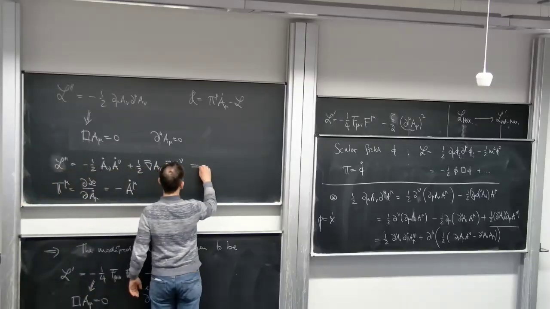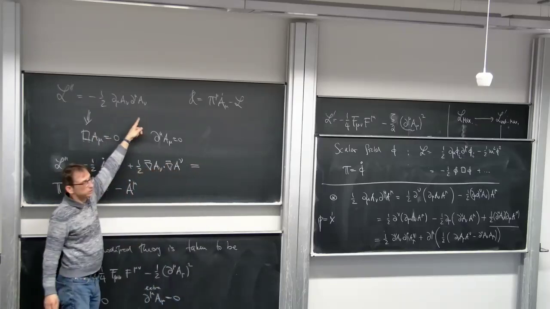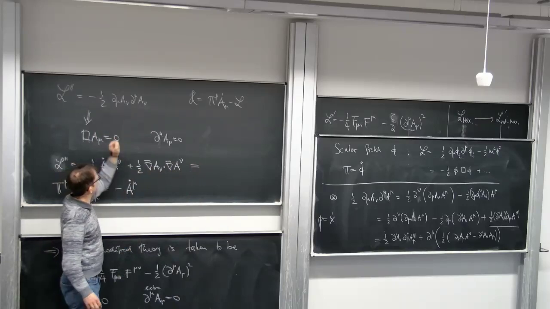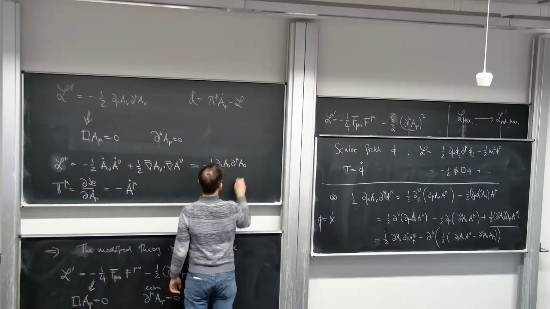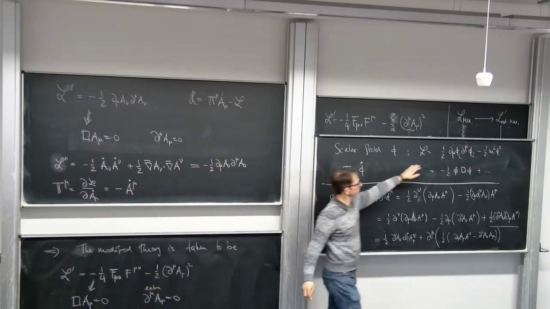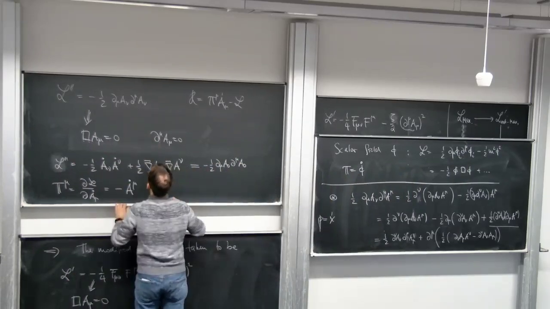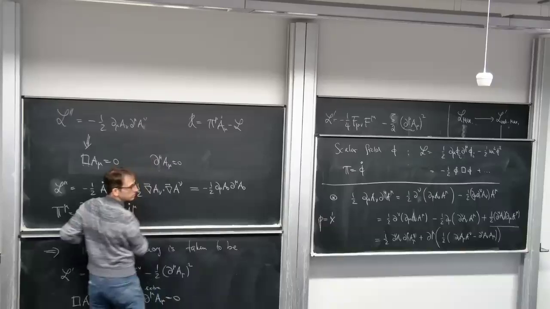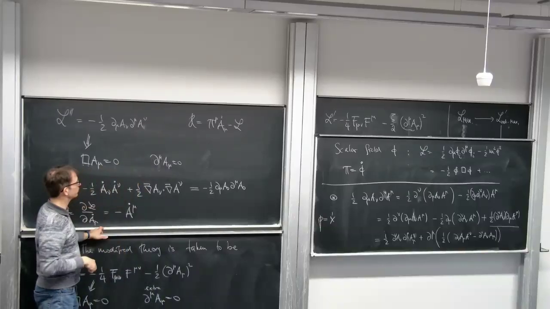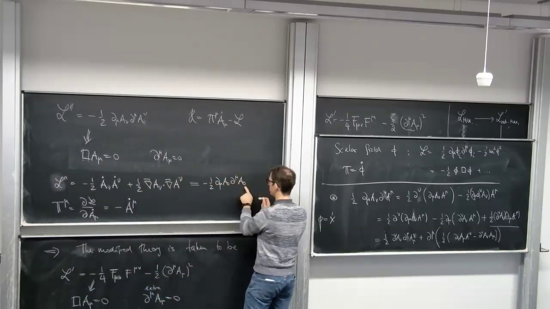Let's write it the other way. Let's split the mu index instead. Then I have minus 1/2 d mu A0 d mu A0. So that's like this here, my scalar field with the wrong sign. And the spatial part, I put it down here because I can.